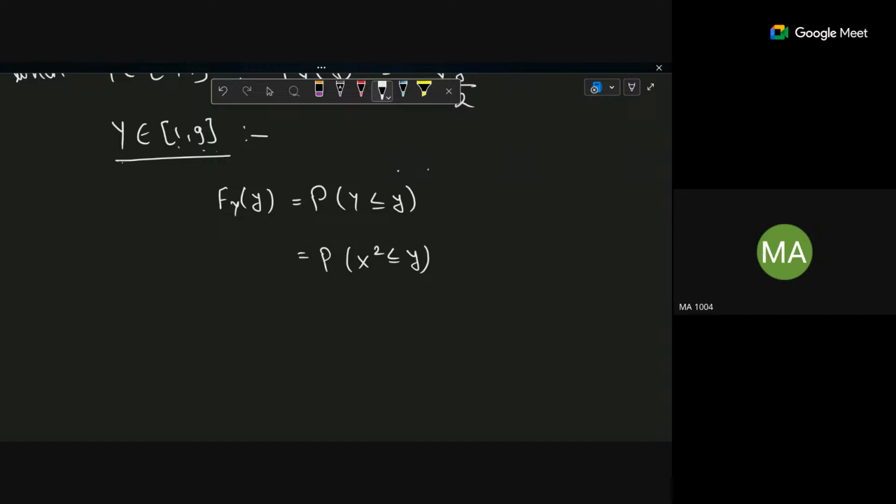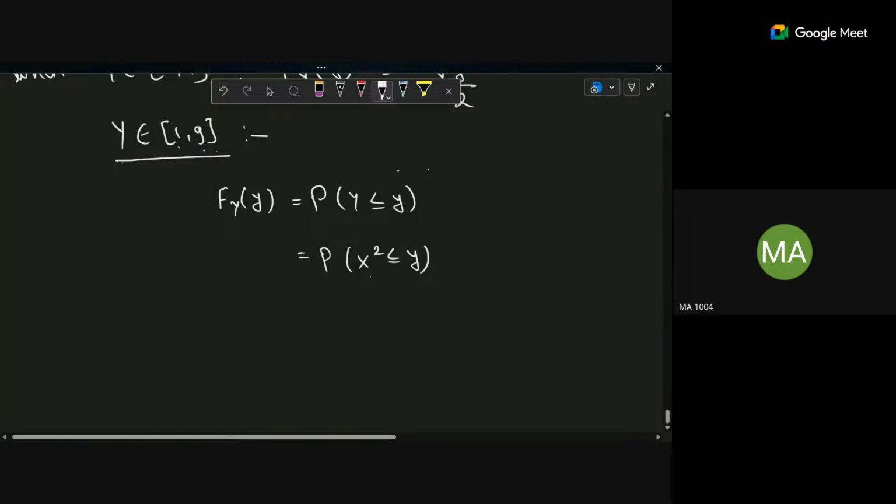Once you put fixed limits on the integration, you are no longer calculating the CDF; it gives the probability for that particular range. The CDF adds all the previous probabilities, it is cumulative. So let's start with X square less than or equal to y.